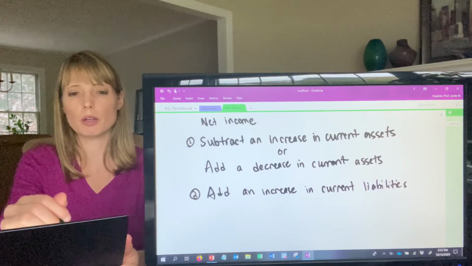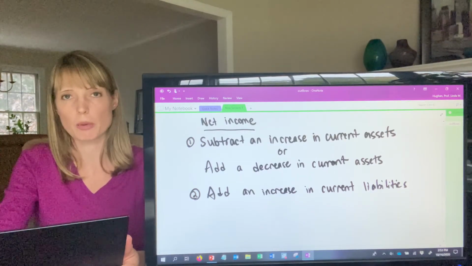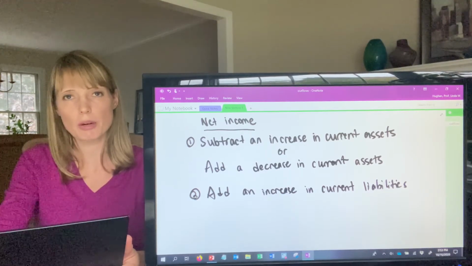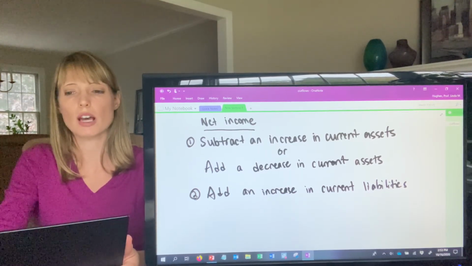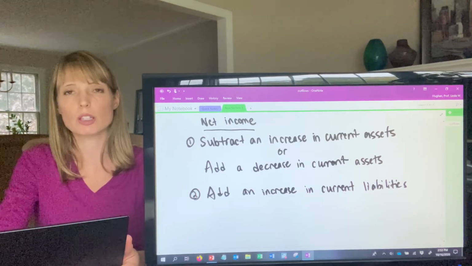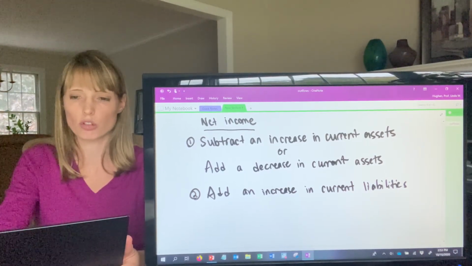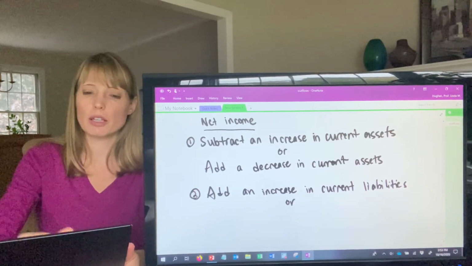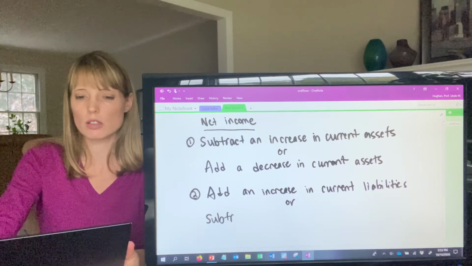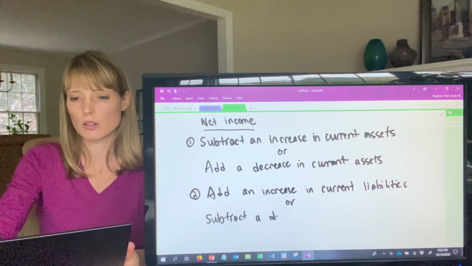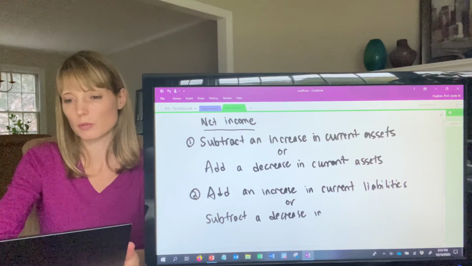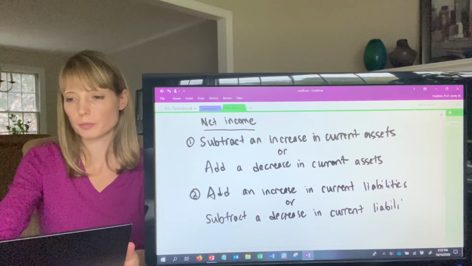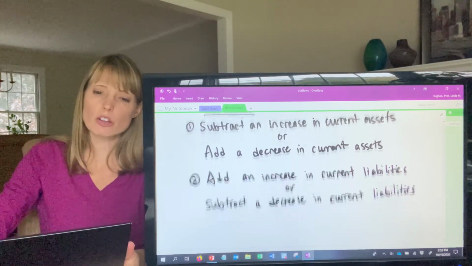So the net income number at the top was reduced by the salaries expense, but we're trying to reconcile down to cash from operating activities. We haven't made that cash payment, so we need to add back the amount that we had recorded as an expense that was never paid out in cash. So we either add an increase in current liabilities or subtract a decrease in current liabilities. Okay, so that's our second adjustment.